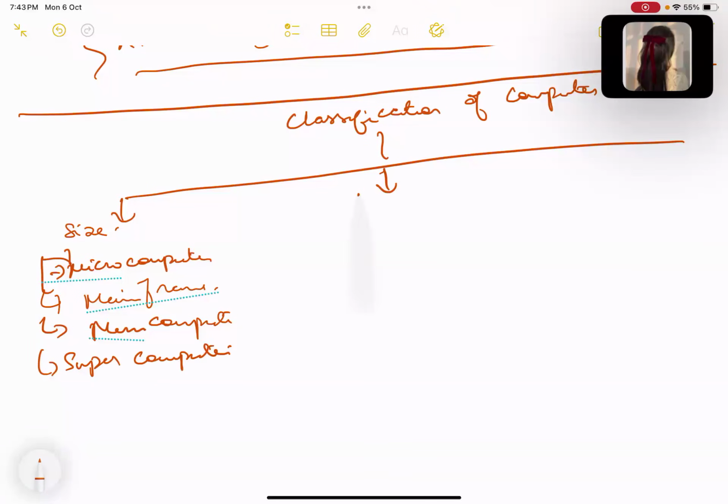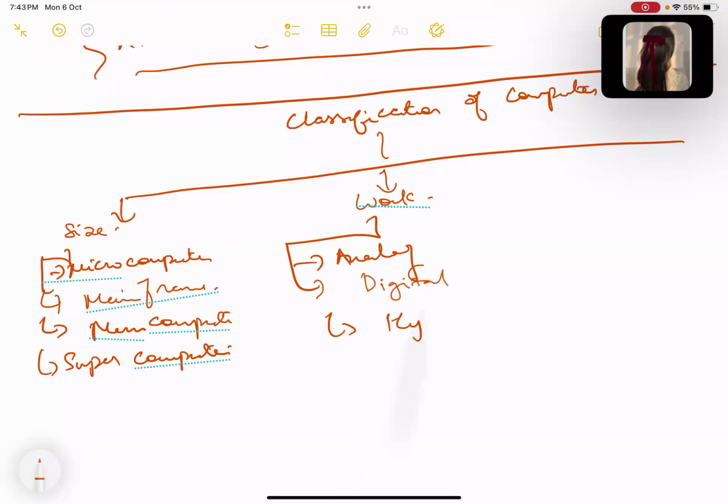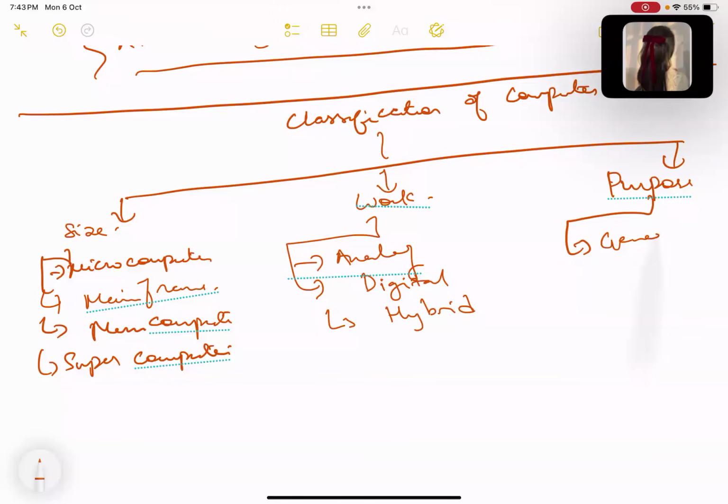And based on work, there are the analog computer, we have the digital computer, and we have the hybrid computer, okay? And based on purpose, we have the general purpose and we have the special purpose, okay?